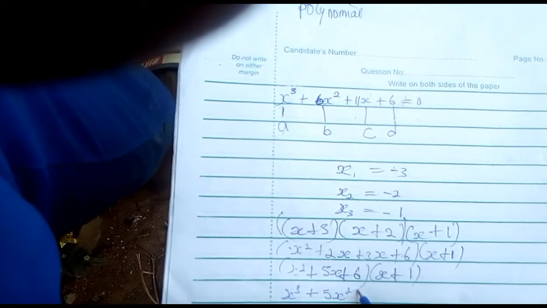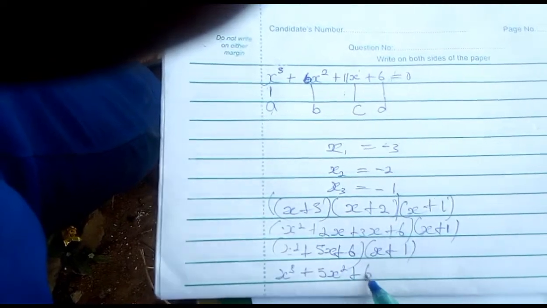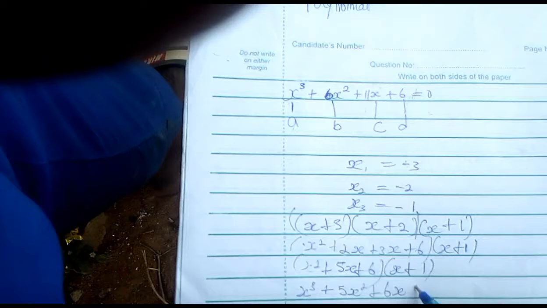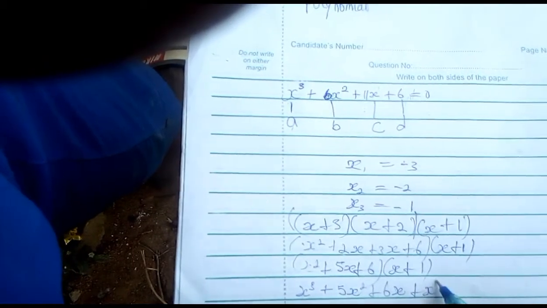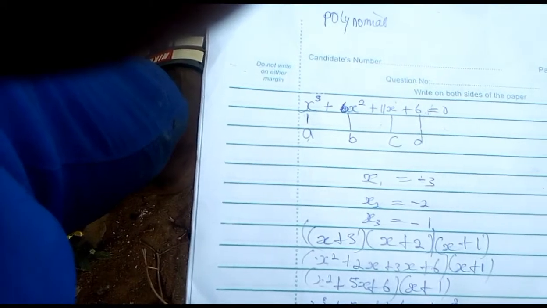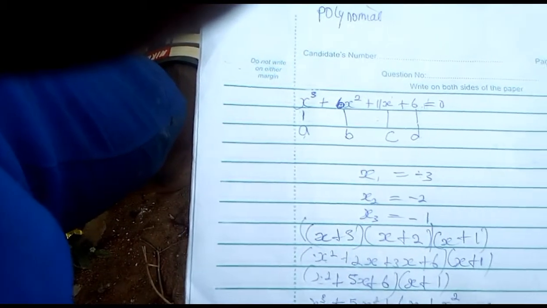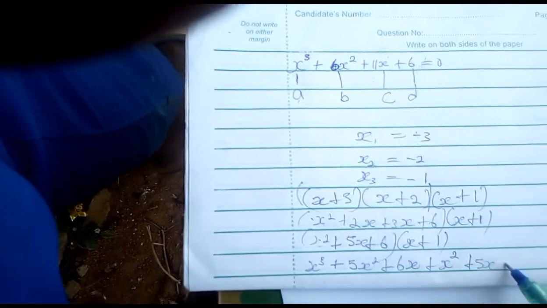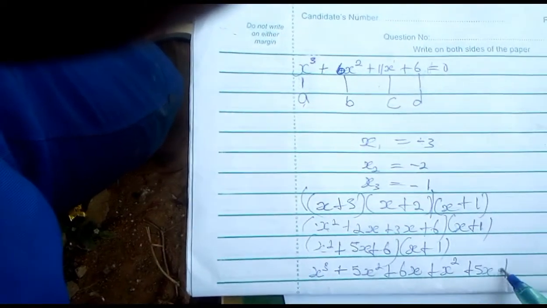X multiplied by 6, we have 6x. 1 multiplied by x squared, we have x squared. 1 multiplied by 5x, we have 5x. 1 multiplied by 6, we have 6.